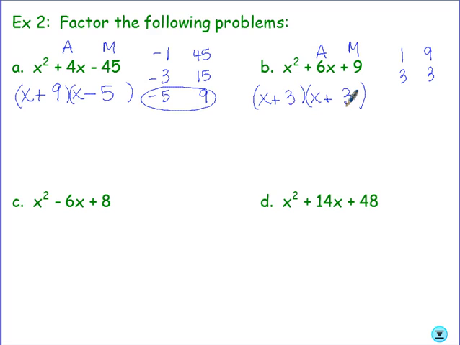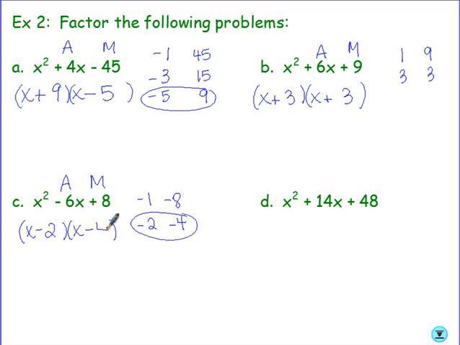We are trying to multiply to get a positive 8, but add to get a negative 6. Because m is positive, the signs are the same. Because a is negative, they are both negatives. Eight, my options are 1 and 8, or 2 and 4, both negatives. The only pair that added up to negative 6 were those guys, negative 2 and negative 4.